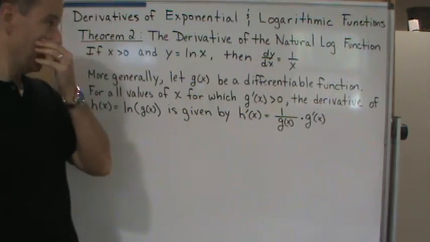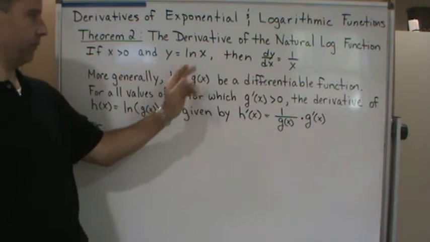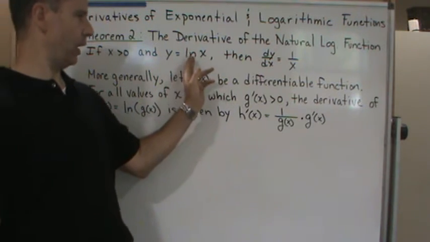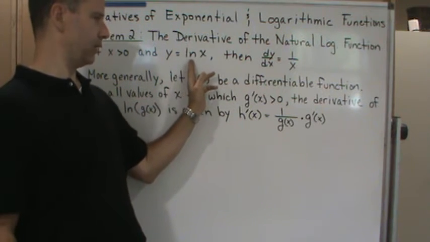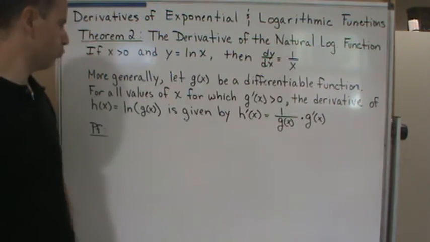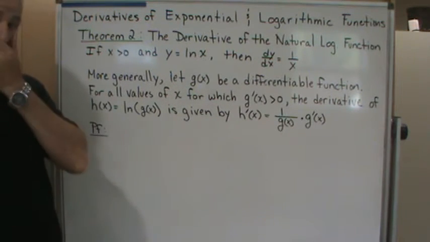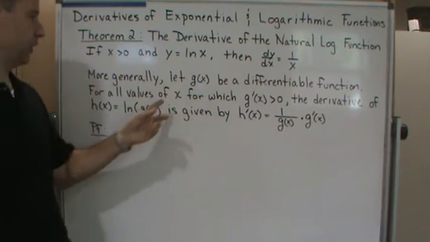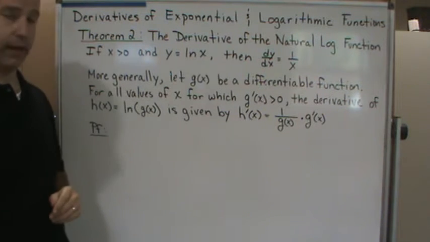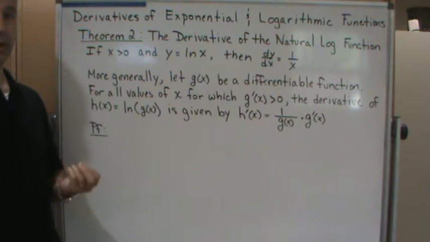Okay, so that's the specific case, right? The derivative of natural log of x is 1 over x. Now, more generally, if we have some general function g of x as the argument, so instead of x, we replace it with g of x.